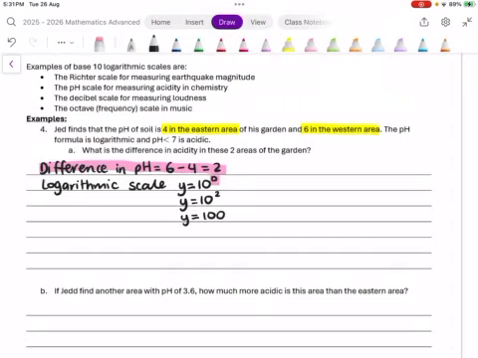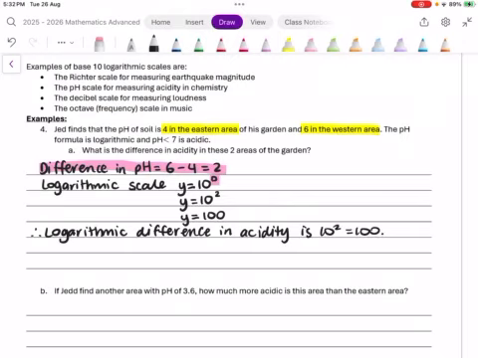So therefore the logarithmic difference in acidity is 10 to the power of 2, which equals 100.